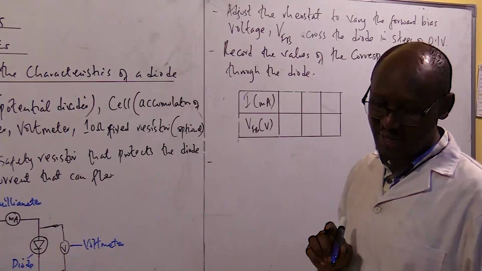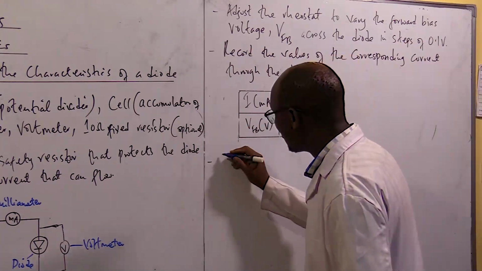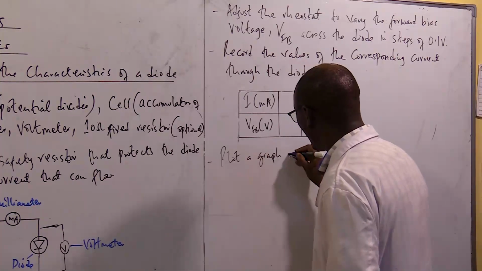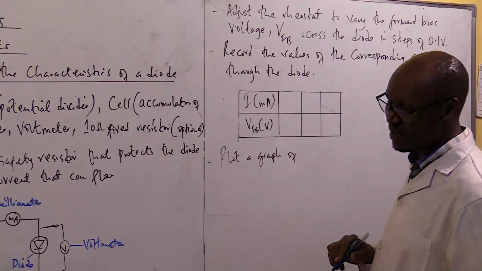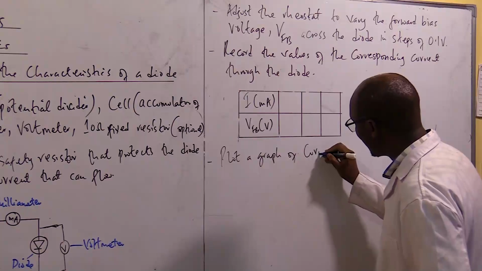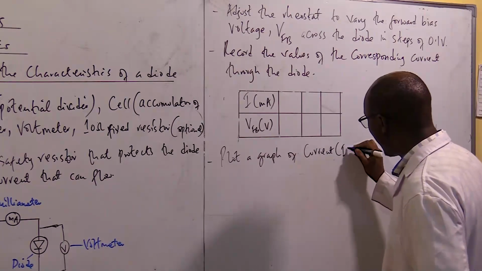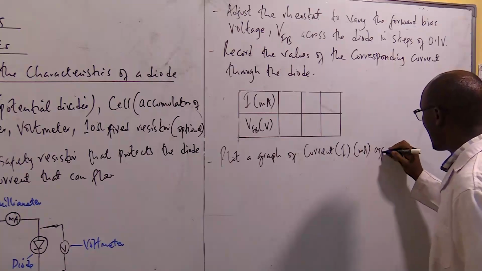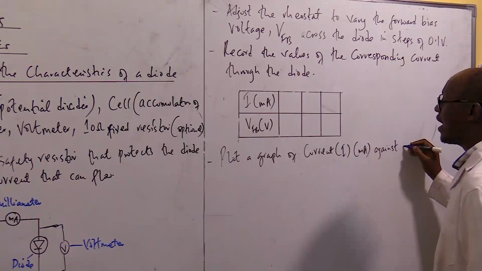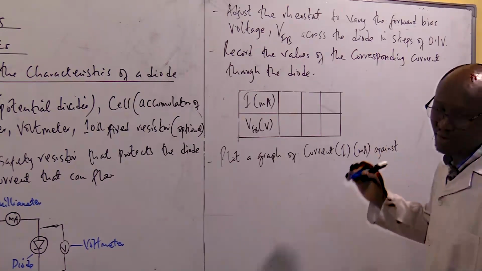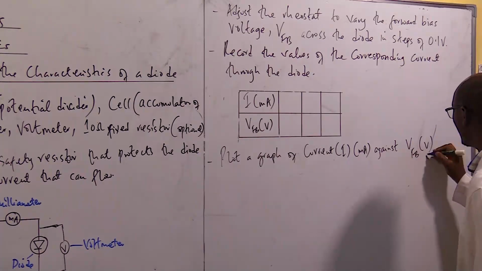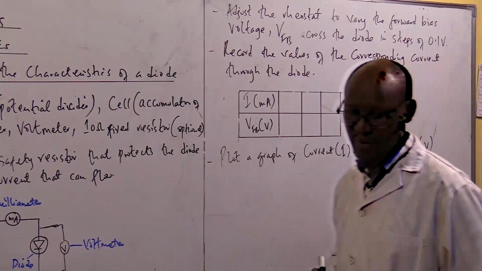Then once you have the data, you're supposed to plot a graph of current I in milliamperes against forward bias voltage, VFB, in volts.